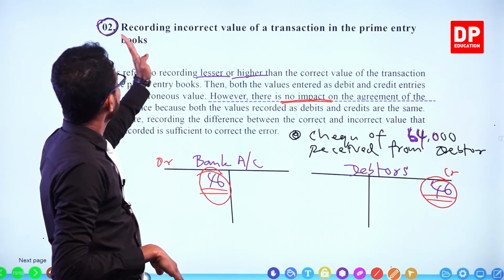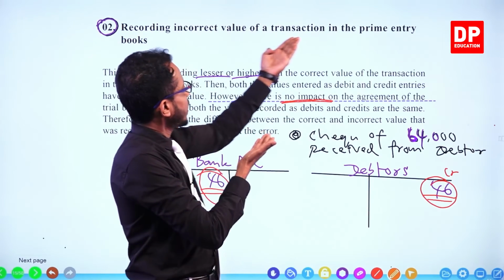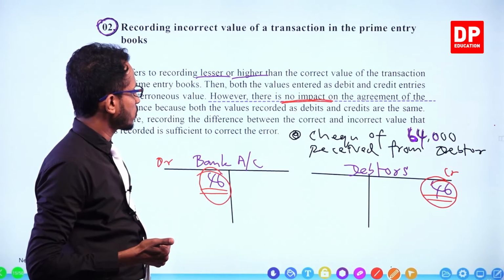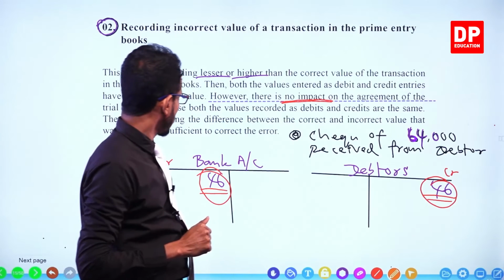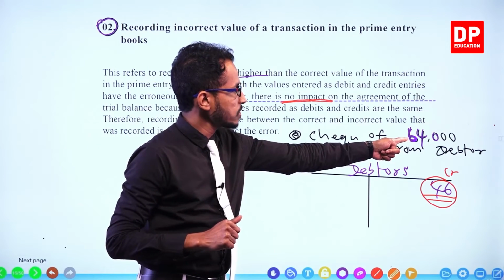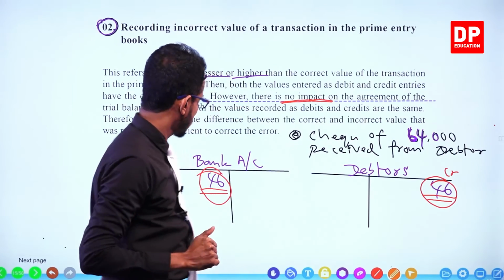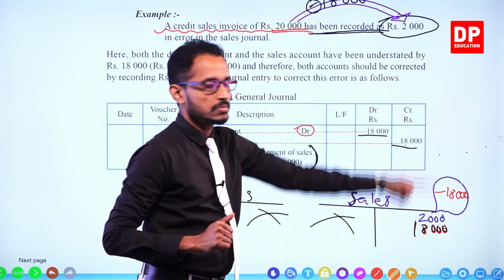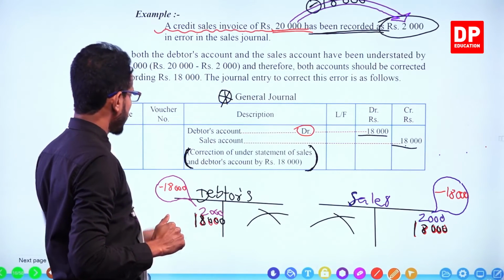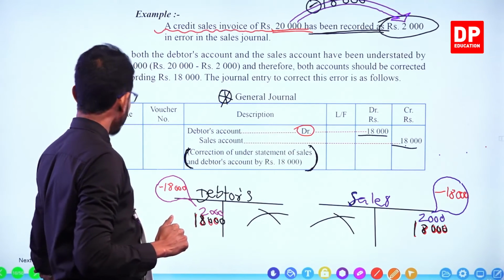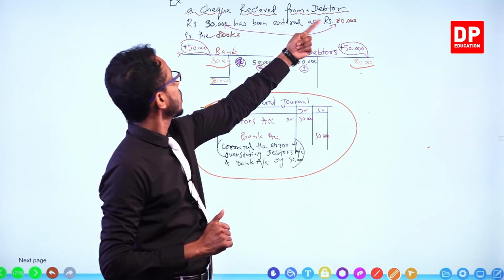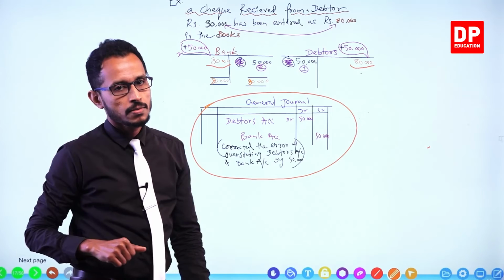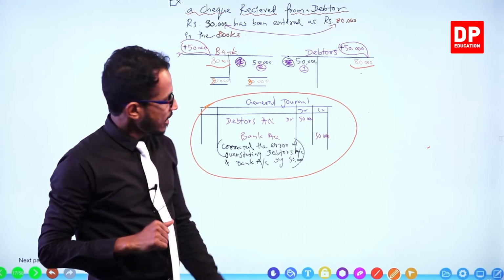Second, we took recording incorrect value in the books, and we took an example of recording a lesser incorrect value, and we corrected it. Next, we took recording a higher incorrect value in accounts. So it was wrong because the value is higher than the correct value, and we corrected that.